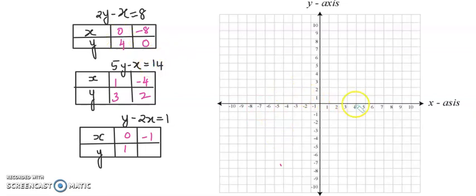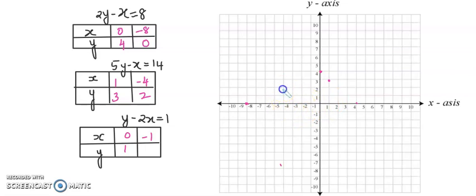So (0, 4) and (minus 8, 0). This one is for the first line. Then I have (1, 3), and this one (minus 4, 2).